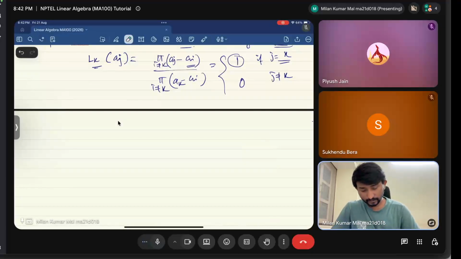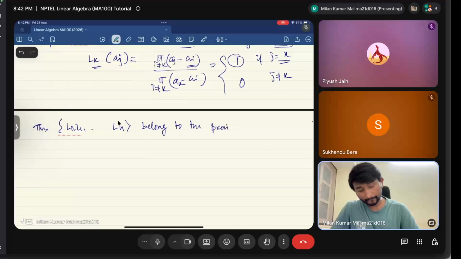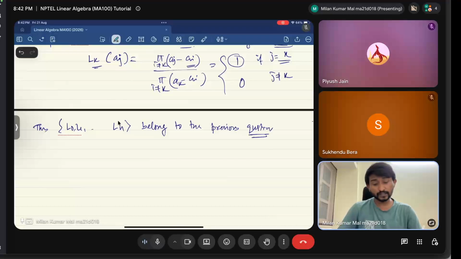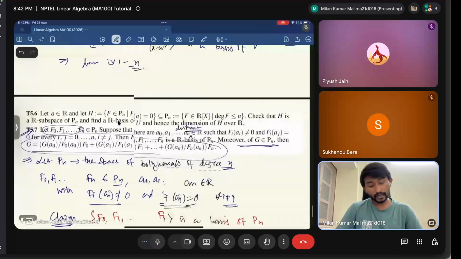Thus L0, L1, Ln belong to the previous question, but be careful, in the previous questions a0, a1, a2 have to be distinct.